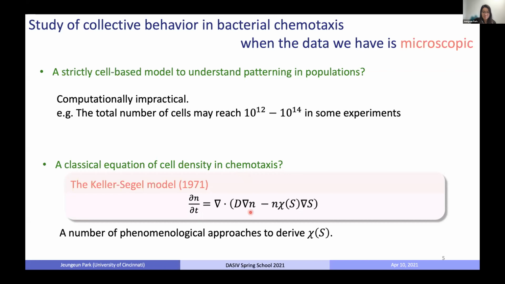But this Keller-Segel model contains some parameters and a sensitivity function which measures the strength of the chemical signal, but these are phenomenologically chosen.